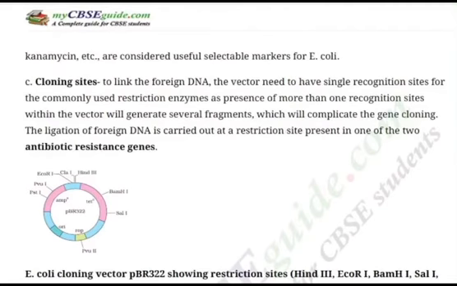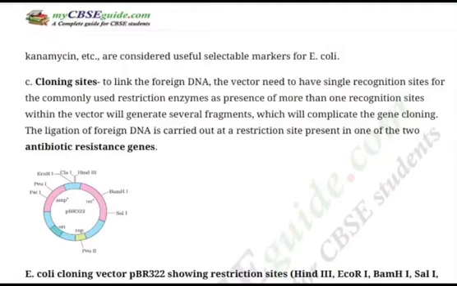For this, DNA has to be cut, and the cut DNA parts are added to the plasmid. So we require a lot of enzymes and a lot of tools. Basically, we were discussing the tools required for recombinant DNA technology.